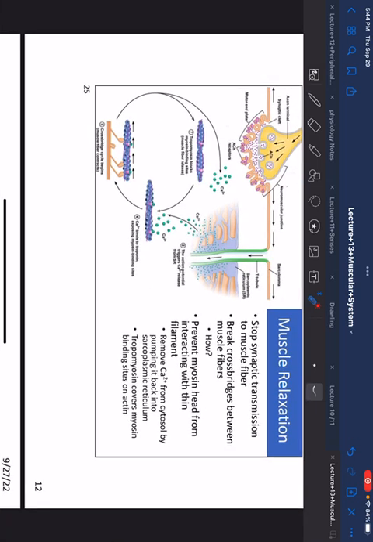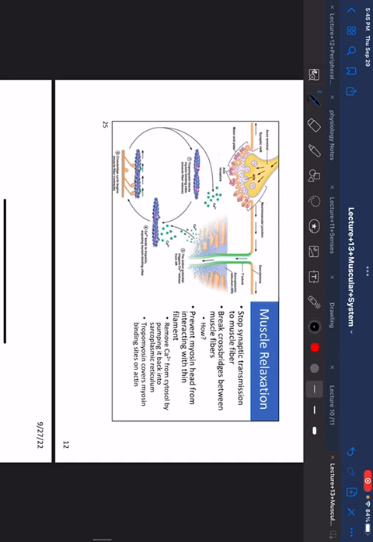Well, we said calcium is required for muscle contraction. So the opposite is said about muscle relaxation. For muscle relaxation, we must remove the calcium. We must pump it back into its storage site, into the sarcoplasmic reticulum. And because we're using a pump, pumps also use ATP.